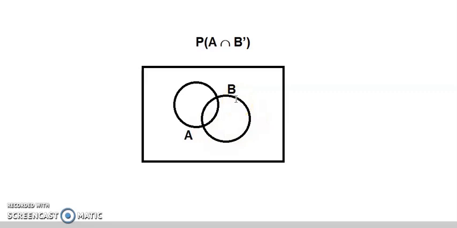It is the area that does not belong to B. So this is B prime, and this is also B prime.